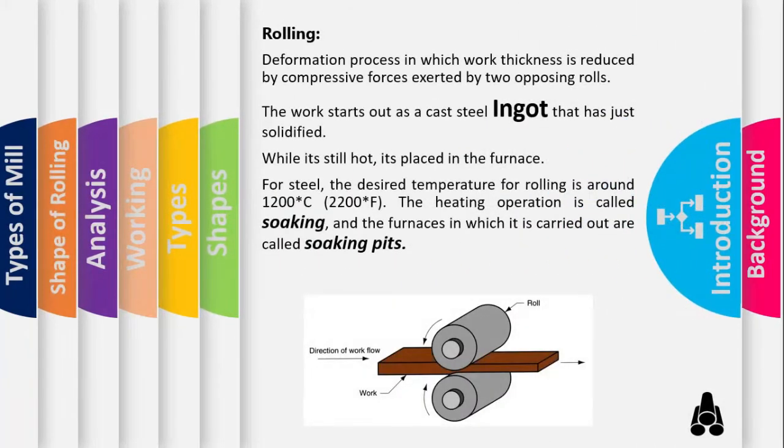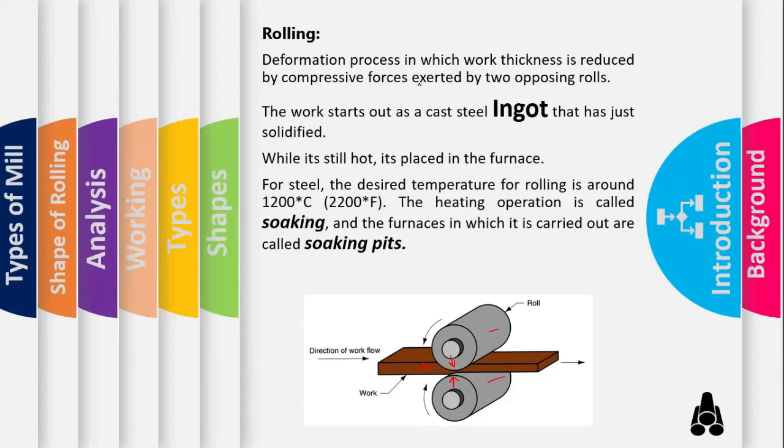So what is the rolling operation? Rolling operation is a deformation process in which work thickness is reduced by compressive forces exerted by two opposing rolls, like this one. The two opposing rolls are not only pulling the workpiece into this gap by their rotation; once the workpiece enters this gap, they apply compressive forces to reduce the thickness of the slab.